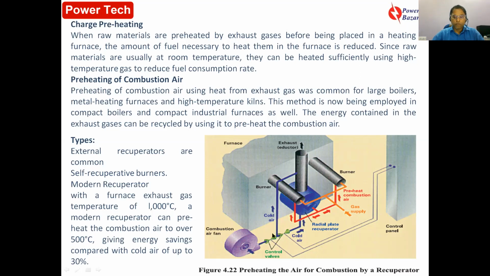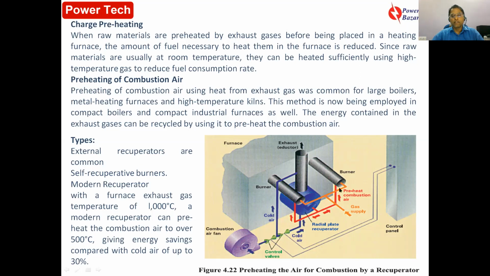What is happening? I need to put cold air to the burner. But if I put this cold air into the recuperator, what will happen? The hot gas is coming in and going out. So in the recuperator, this cold air will be heated up by utilizing the waste heat of the flue gas, and the hot combustion air will come like this and be fed to the burner.